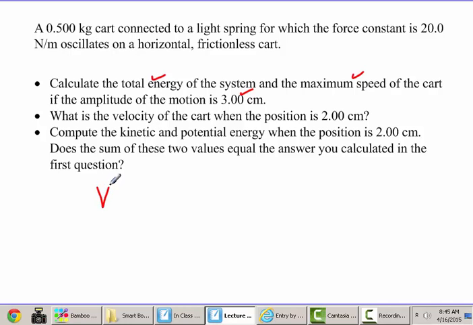And you guys remember this too, right? V max is always omega times A. And acceleration max will always be omega squared times A.